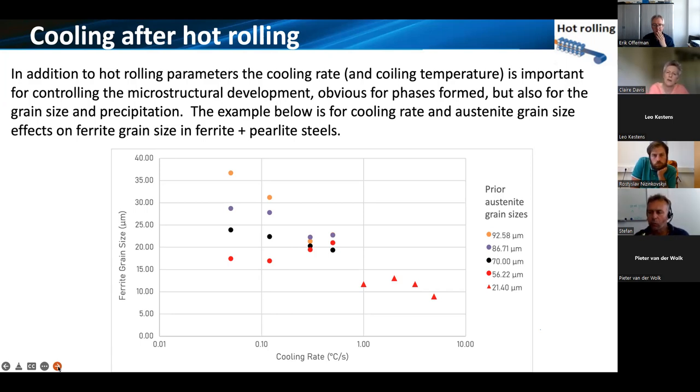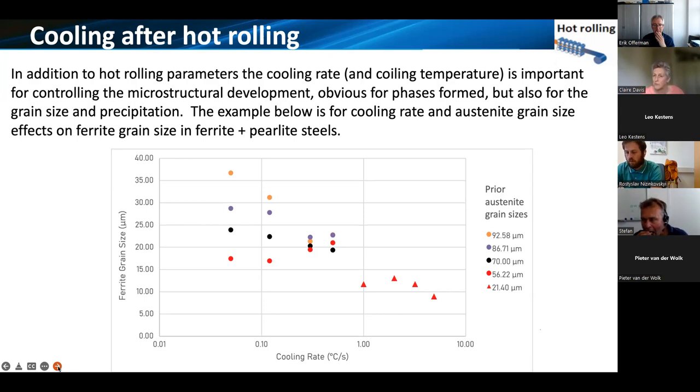But here, if we have a ferrite pearlite steel, the cooling rate after the hot rolling process and the austenite grain size will affect the ferrite grain size. Austenite grain size is really straightforward, but the ferrite grain size is also affected by the cooling rate, and that becomes important to appreciate for a given industrial process.